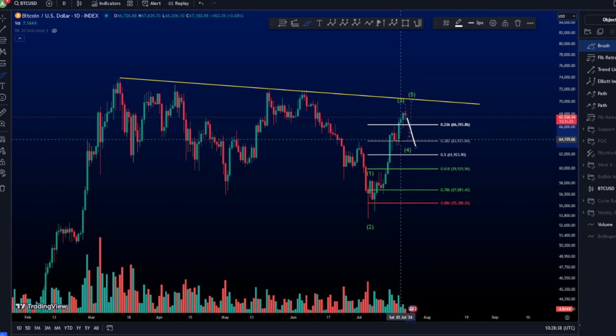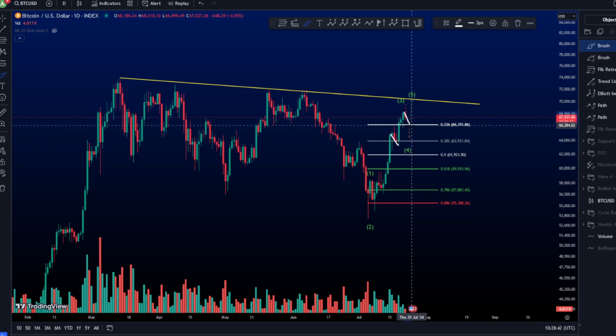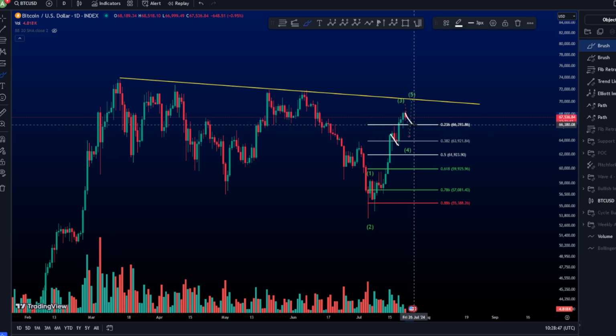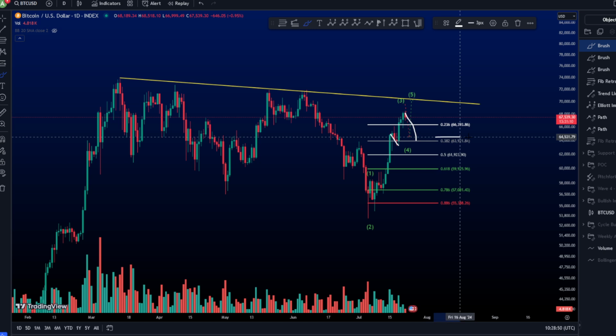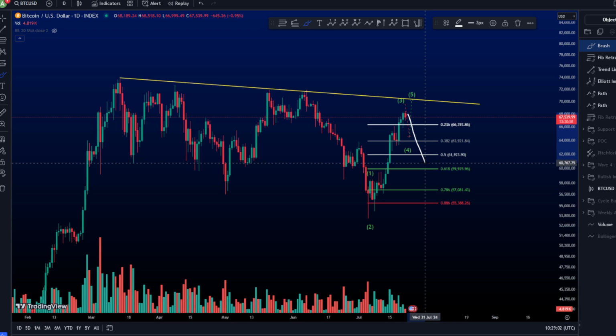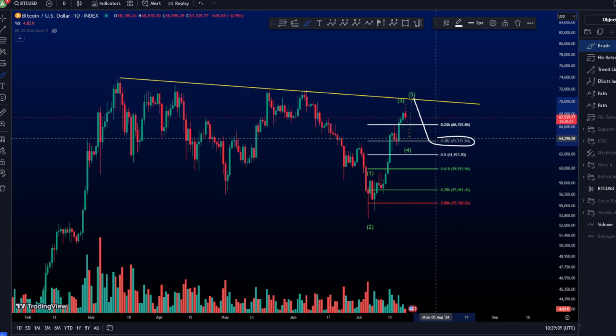We saw a very shallow retracement for wave 4. I don't know what this wave 4 is going to do, but I'm expecting the 0.23 as first target. Second target is 0.38, which is at 63,900. However, I'm expecting a shallow retracement for wave 2 as well after we finish this. So wave 2 can start even again from this price.